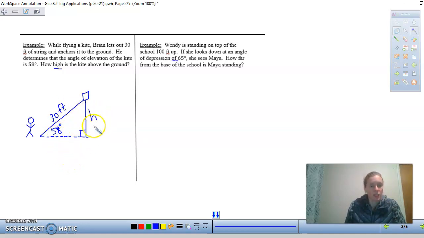In this case, I want to find h. So I'm going to use a different color and start labeling just like we've done in previous lessons. So 58 degrees, and then 30 feet is obviously the hypotenuse. The h here is obviously the opposite. And then, as always, let's write SOHCAHTOA up here.